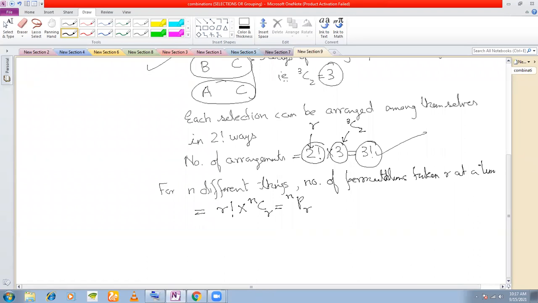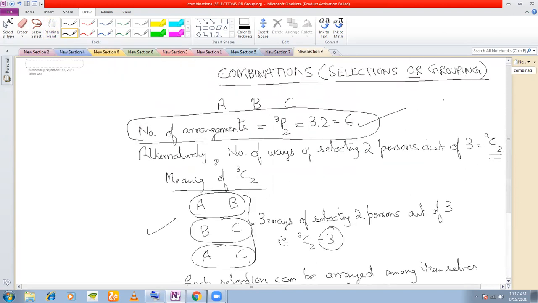You understood? For n different things, if I take r at a time, here I have taken 3 people. If instead of 3 people, I take n different people, and here I have taken 2 at a time, so if I take r at a time, just extending the concept to n and r.